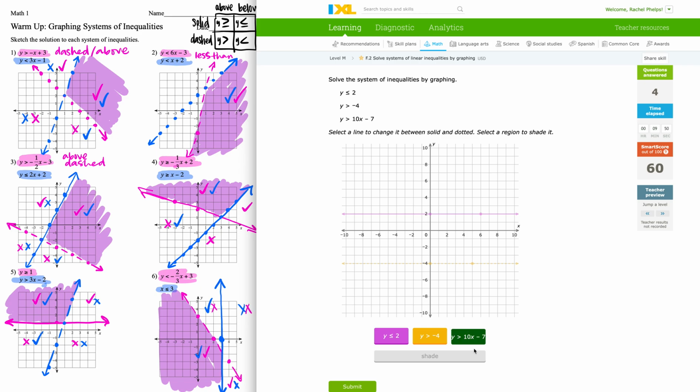But if we also add in this one, we've got -7 and our slope is 10. So we're going to there. We want to be above this. So I'm going to think about this right now, and I'm just going to shade all, oops, I got to go back to here. These three sections are all above green.